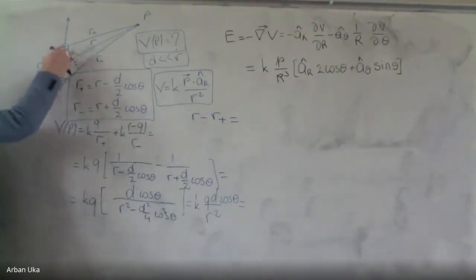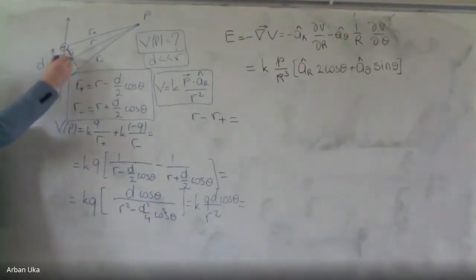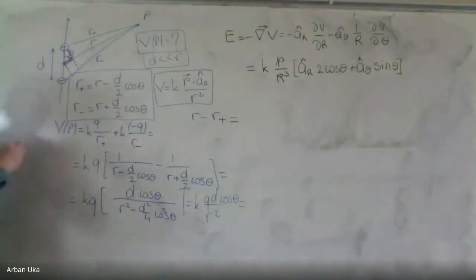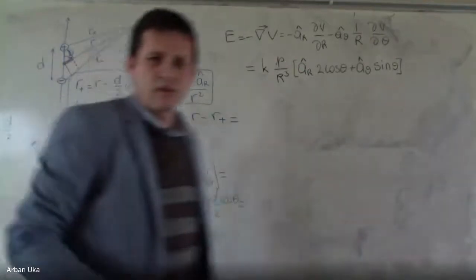Because in this little triangle we have an angle of 90 degrees, the hypotenuse is d over 2, we know this angle is theta, and we're looking for this side.